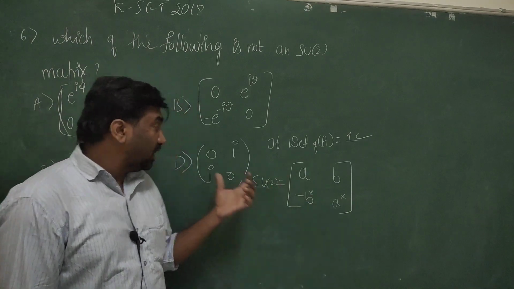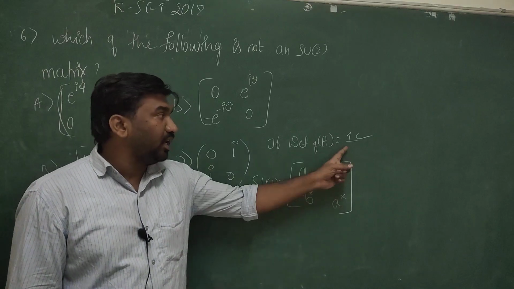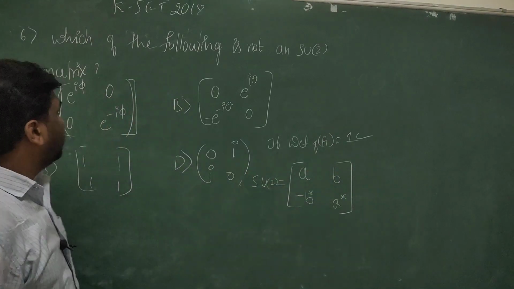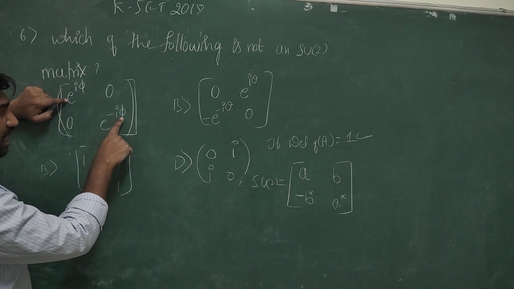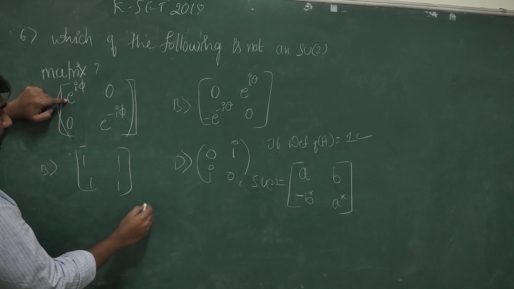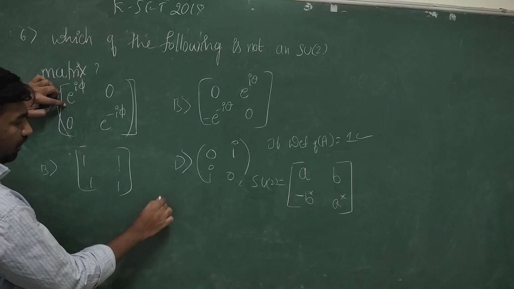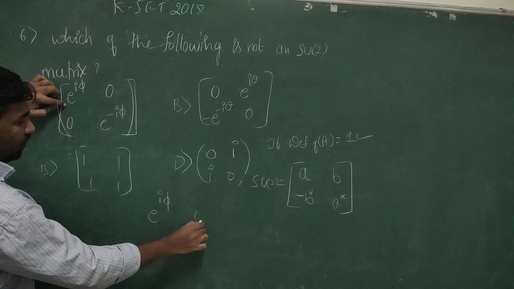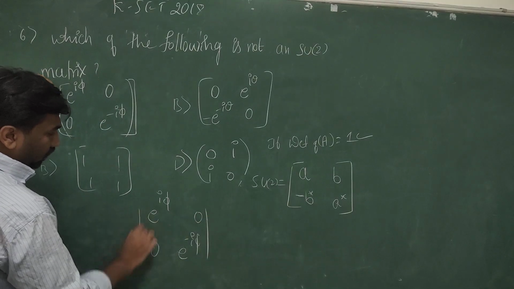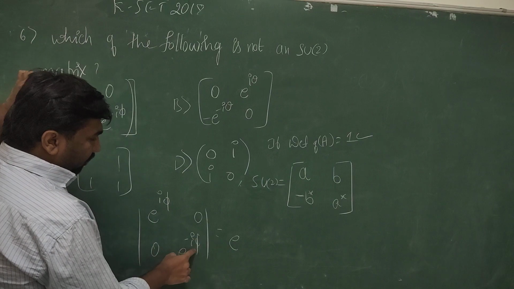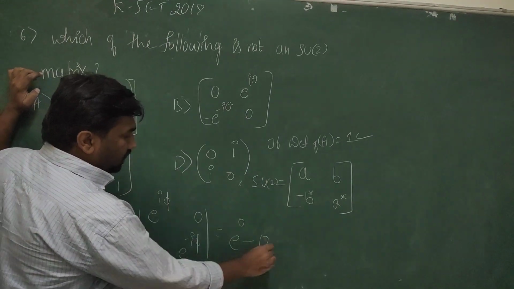If one or more matrices have determinant equal to 1, let's check. Here in the given options, e power i5 and e power minus i5. The determinant is e power i5 times e power minus i5, which is e power 0, and e power 0 is 1.